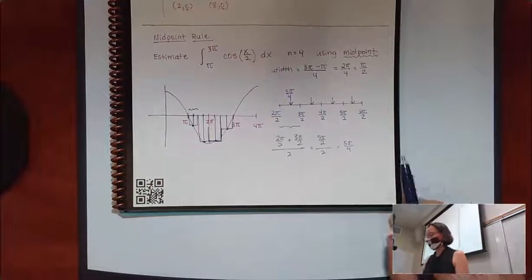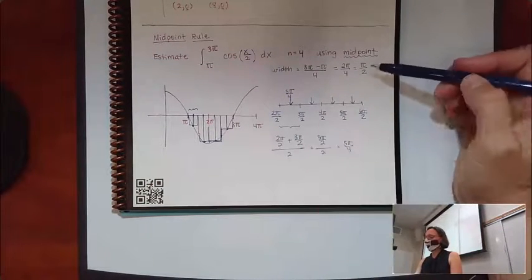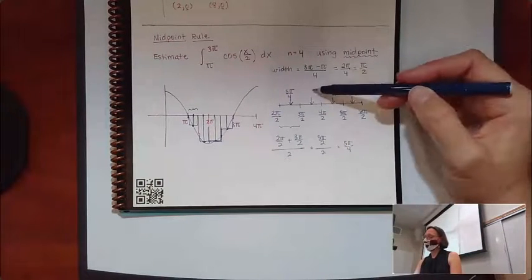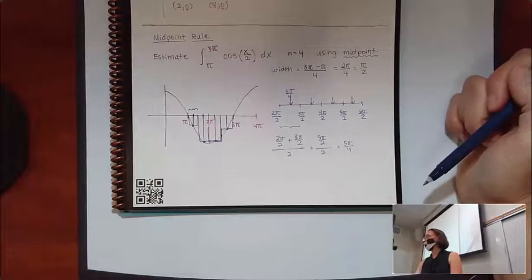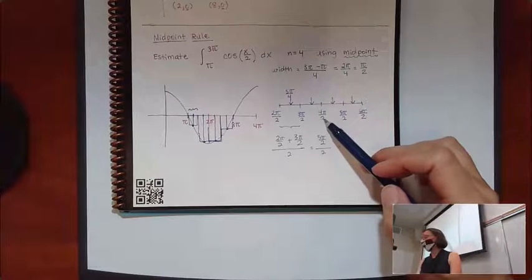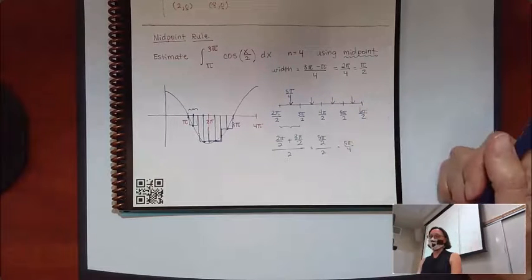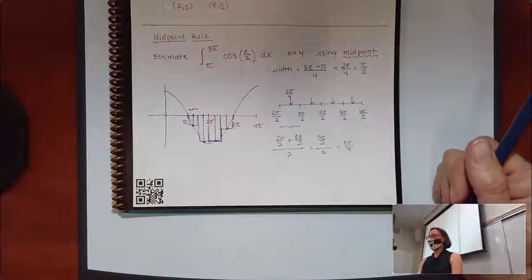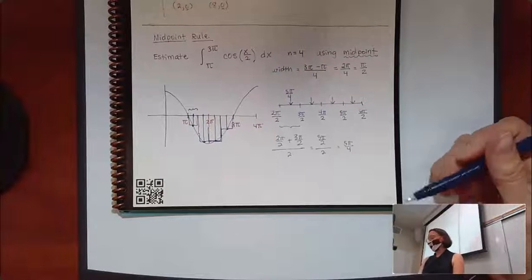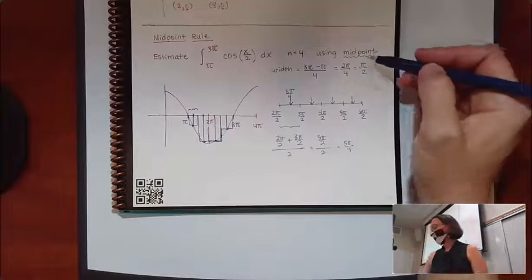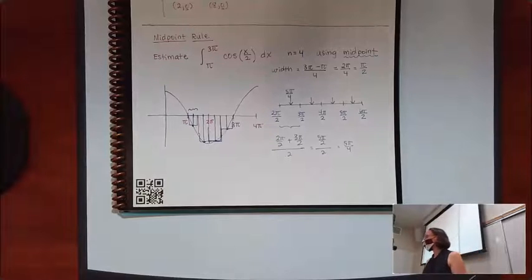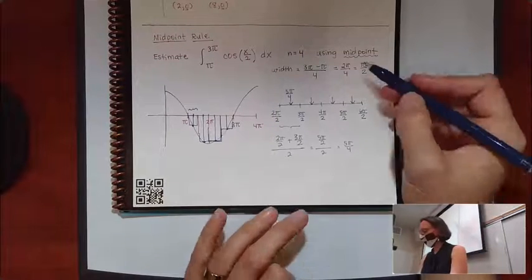Now I have options. I know that the width of each interval is pi over 2, so I can just increment by pi over 2. Or I can keep finding the midpoint of the next two regions. Again, let's just get a common denominator so we can work with it.